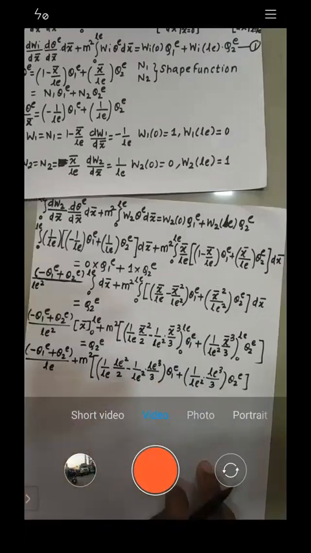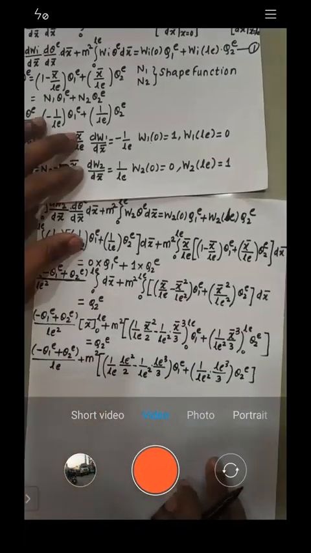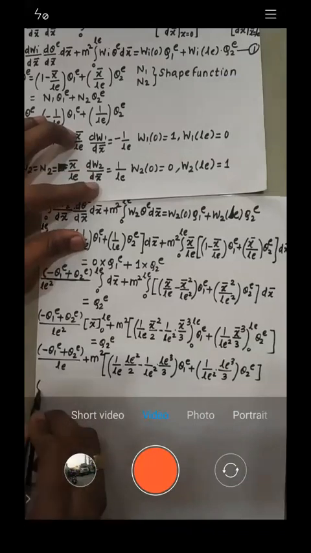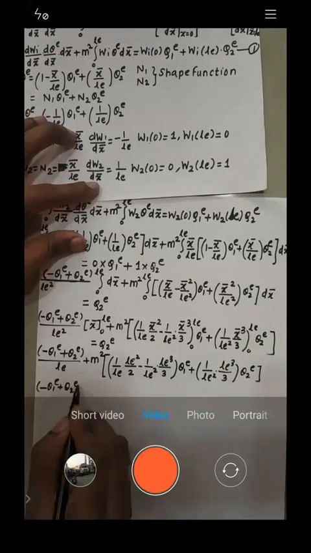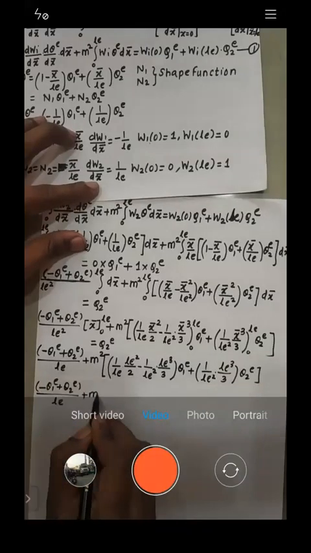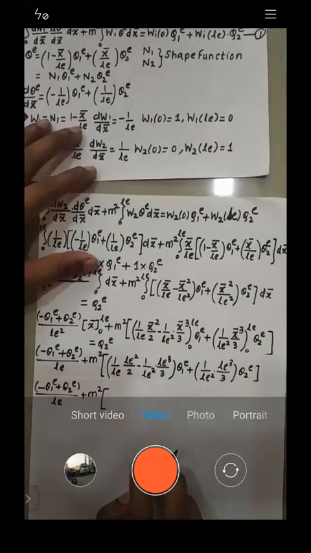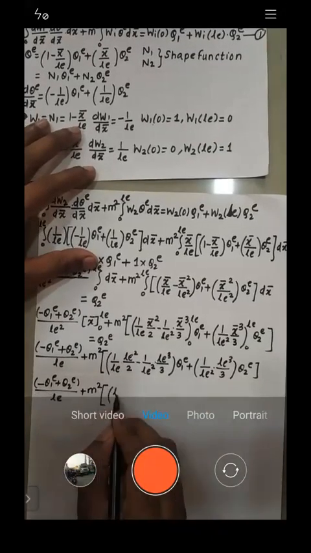So see, minus theta 1 E plus theta 2 E upon LE plus M square. Tell me this value. This is LE by 2 minus LE by 3. What are you getting? LE by 6, na?